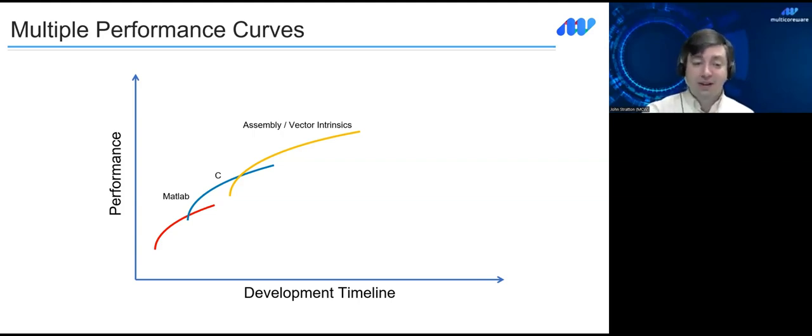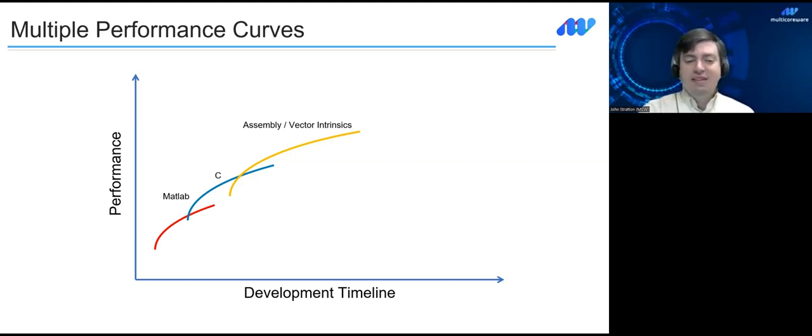Well, if you go that route, again, it is going to be a higher development effort in order to get your first working version according to this paradigm. But then the more development effort you invest, you can exceed the performance of what you would have gotten in C by itself.